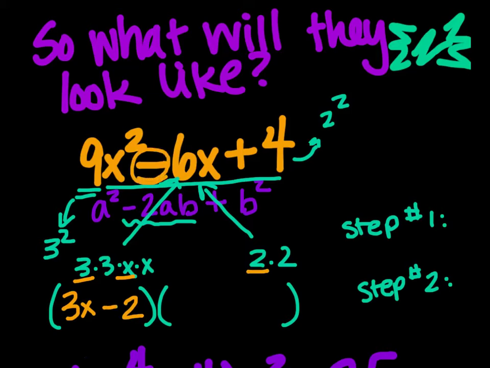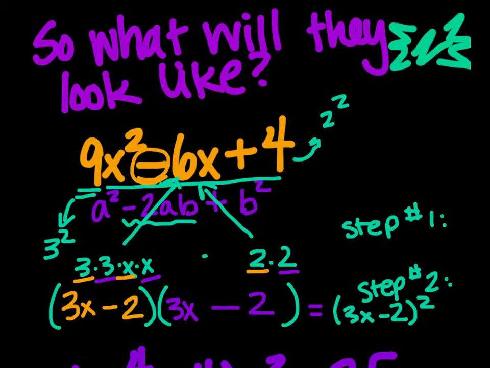I'm going to do the same thing with this other side. We have a 3 and an x, and I'm going to put a 2 and a subtraction sign. So in all reality, we can rewrite this whole thing as 3x minus 2, that quantity squared.